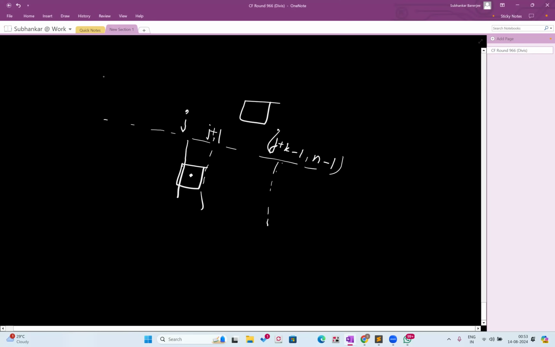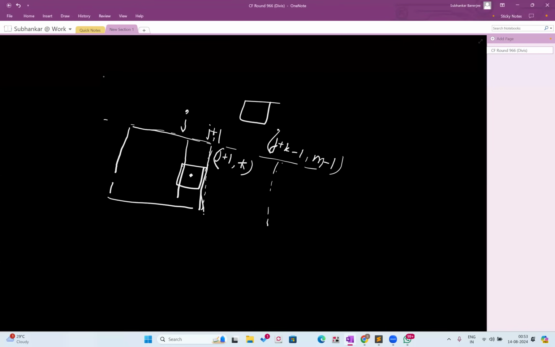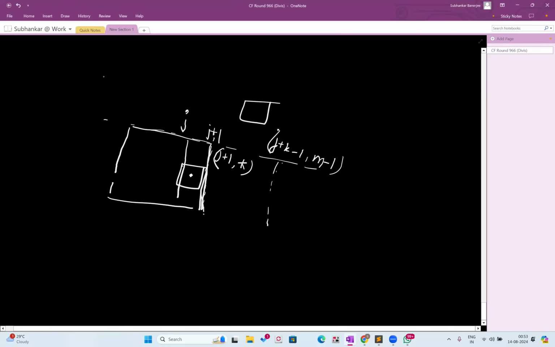And the right border's maximum is bounded by m minus 1, sorry, m minus 1. Yes, m minus 1. And for the minimum part of the right border, it can be j plus 1, right? Did you get this? I am considering the right border only.